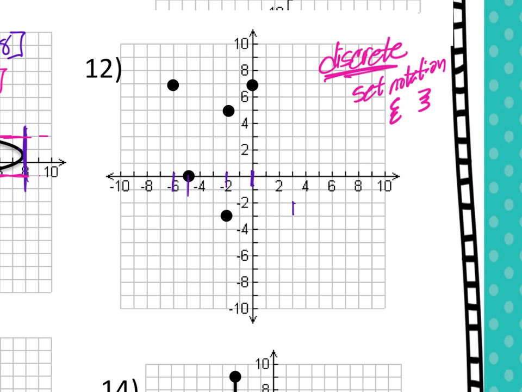So my domain, this is just like if I had an ordered pair or a table or a mapping diagram. I'm only writing the x values down, which happens to be -6, -5, -2, and 0. And then my range, I'm going to do the same thing, only I'm going to go this way.